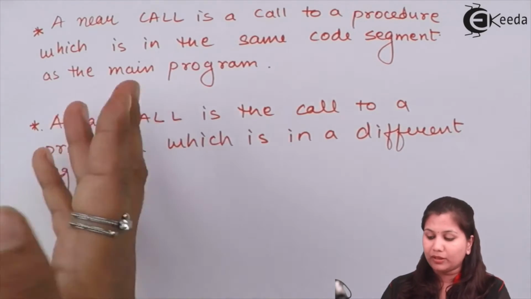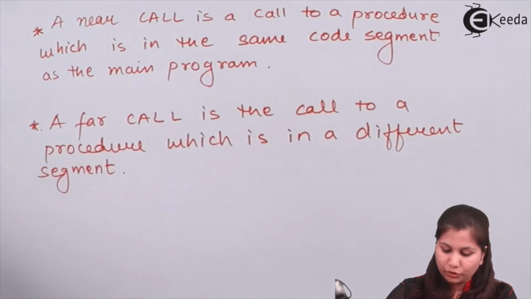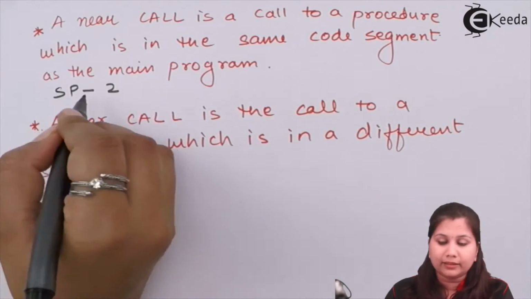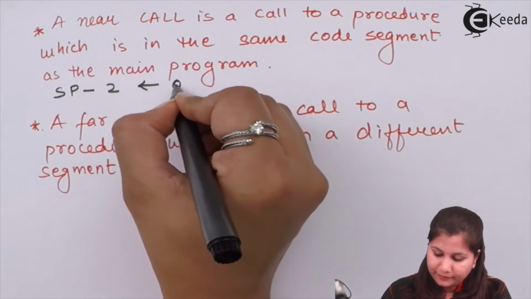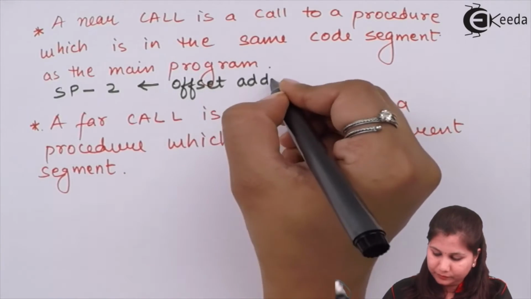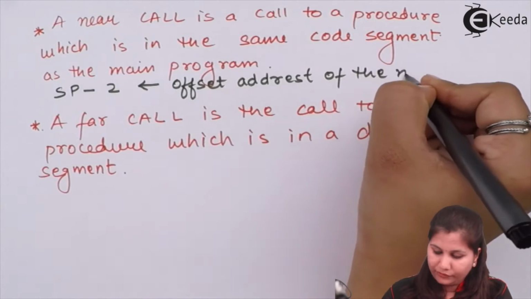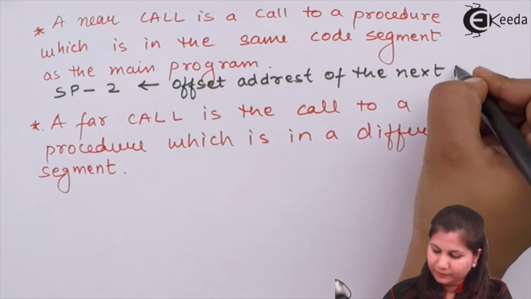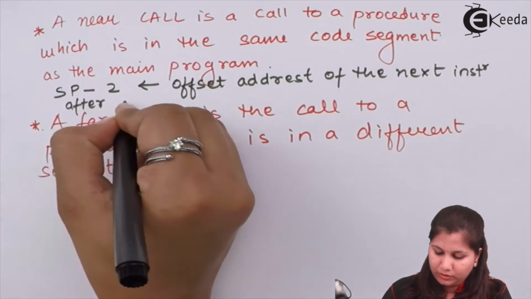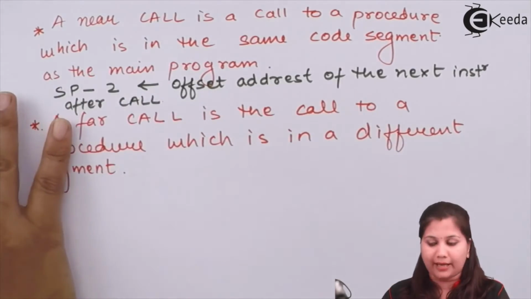In the near call, because it is present in the same segment, we have to provide the offset address. So the stack pointer is decremented by 2 and the offset address of the next instruction after call is stored in the stack.